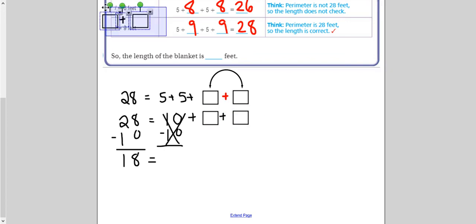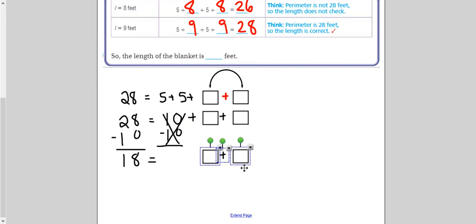That does not mean that the variable is 18. What I need to think to myself is what two numbers that are the same, when added together, give me 18.